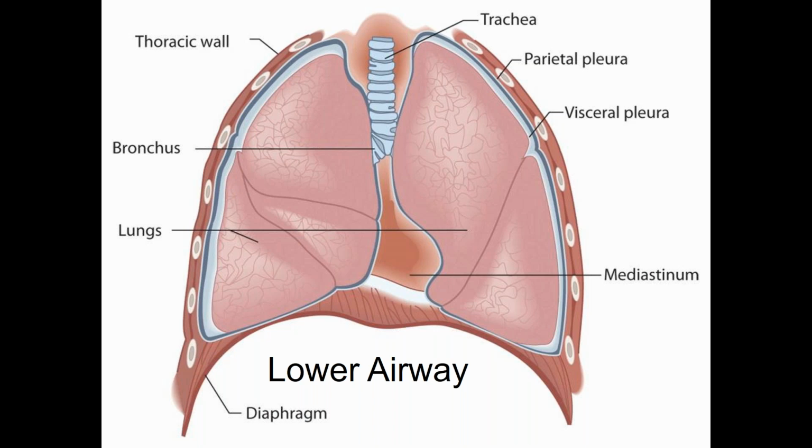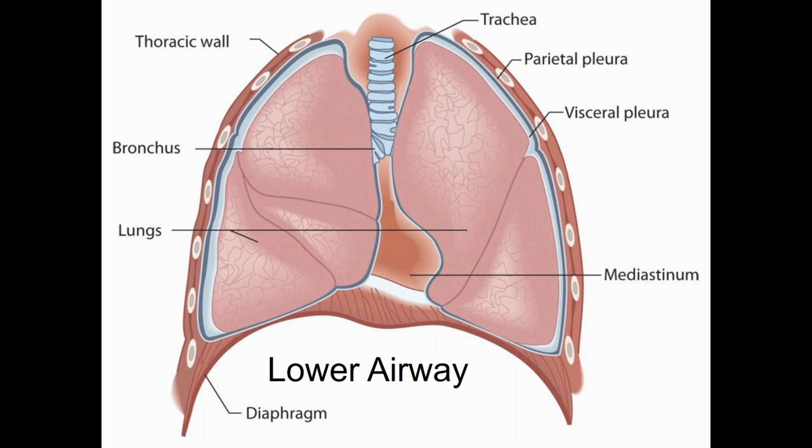The diaphragm will contract and pull down and towards my anterior, so it pulls down and forward. And when I do that, I just made the closed loop of my chest cavity bigger, right? Those muscles contract and pull everything out, and in pulling everything out, I just made that space larger.